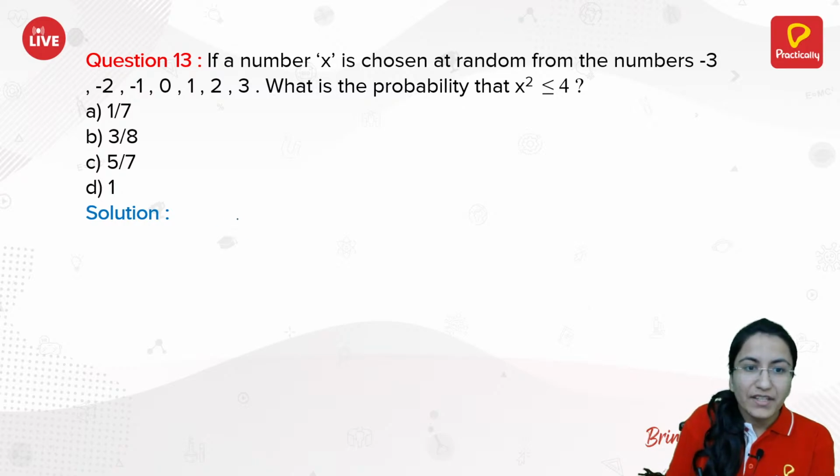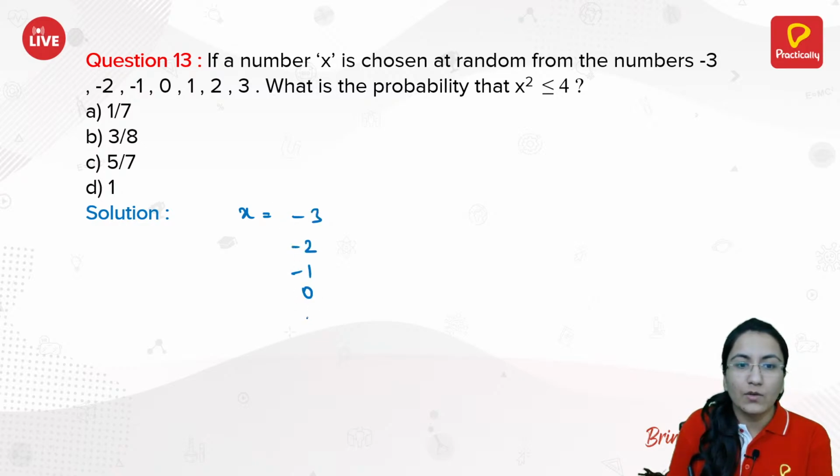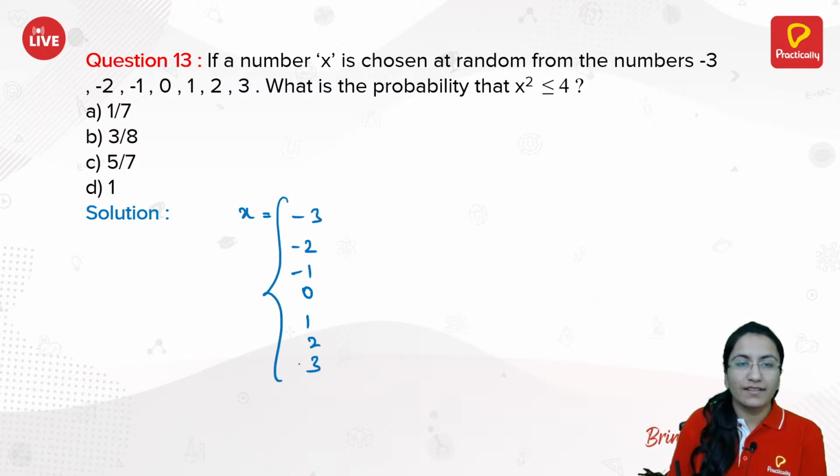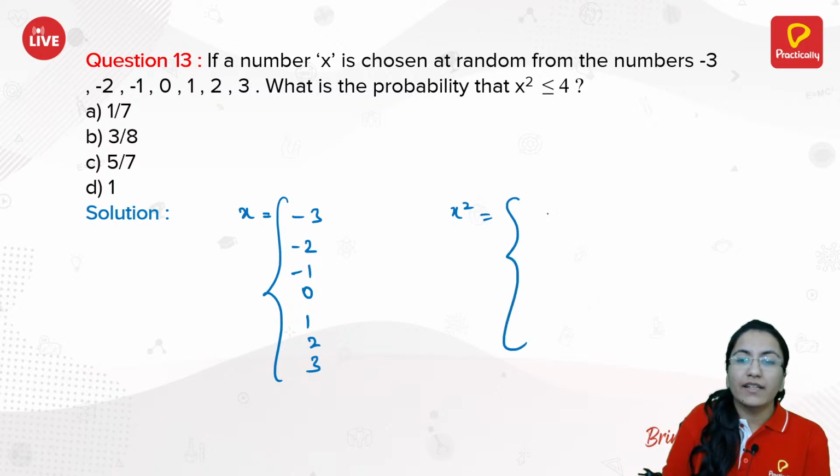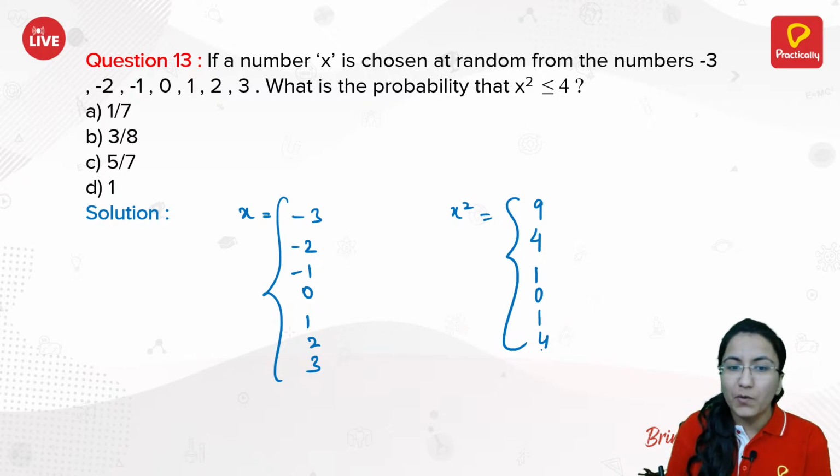Let's just see. X could be -3, -2, -1, 0, 1, 2 and 3. X could be any of these numbers, right? So definitely X square would be, if you have -3 you have 9, if you have -2 you have 4, for square of -1 you have 1, 0 square 0, 1 square 1, 2 square 4, 3 square you have 9, right?